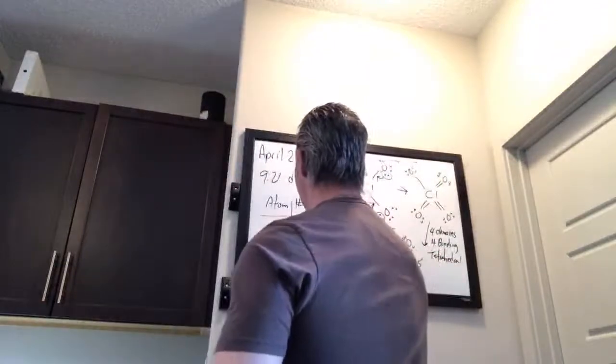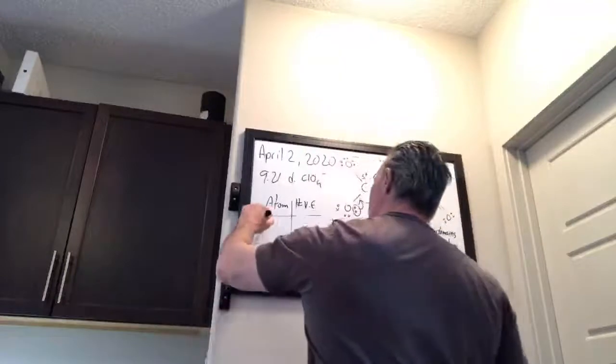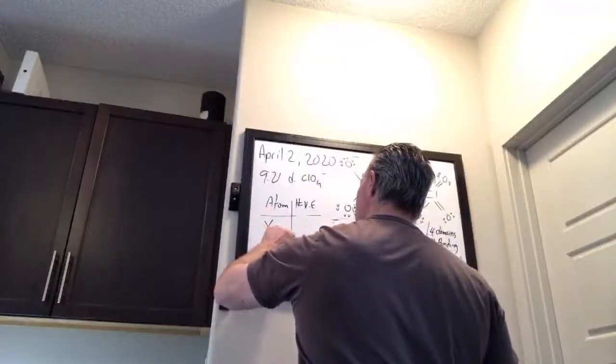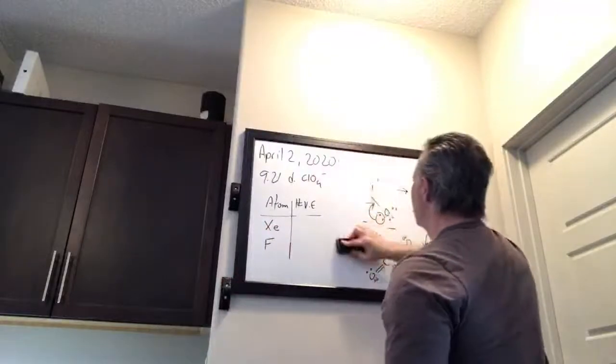Xenon difluoride is E. You got xenon, you got fluorine. You don't think xenon can form compounds.